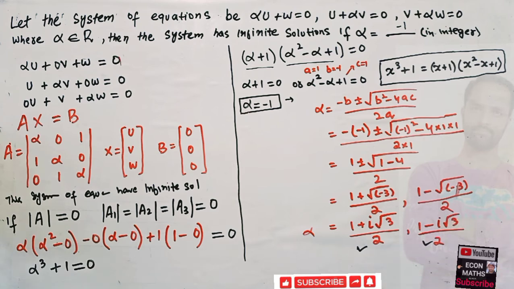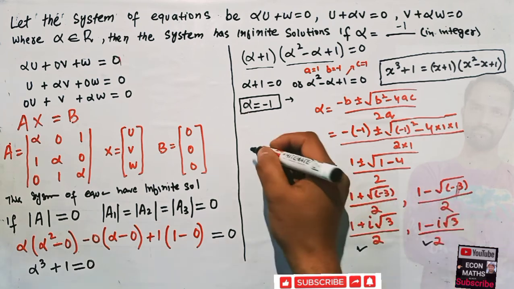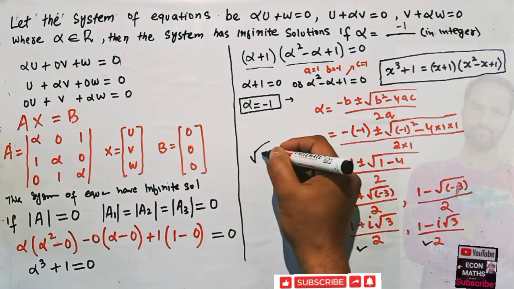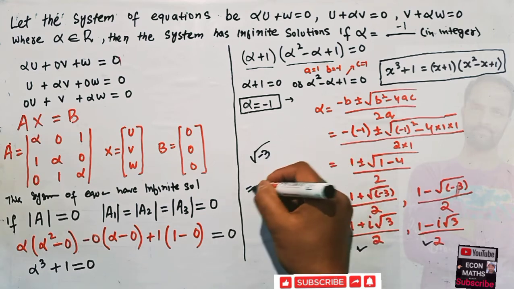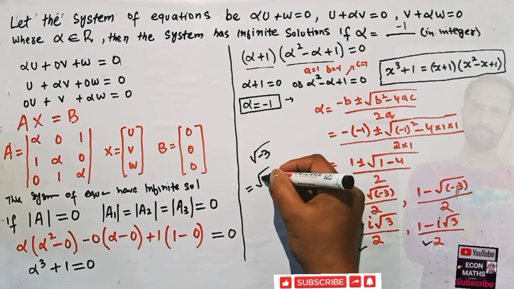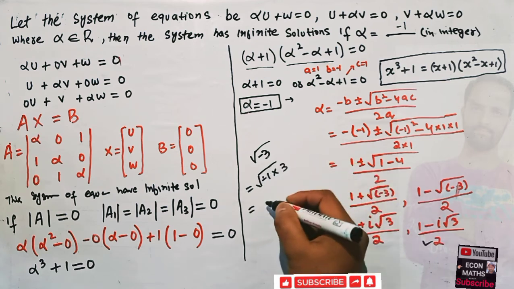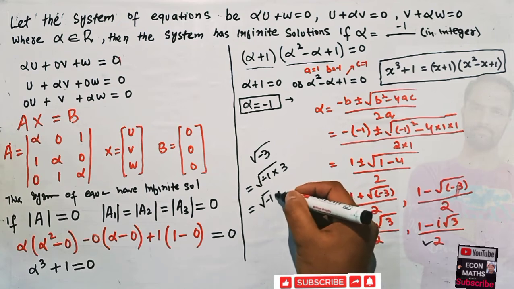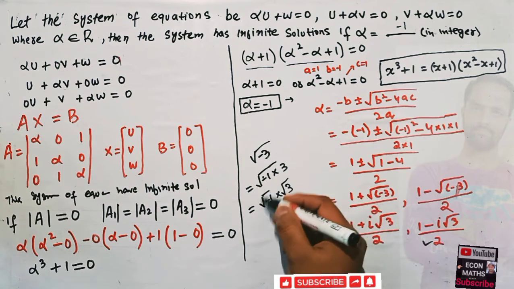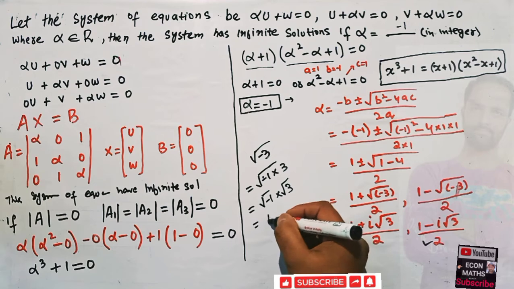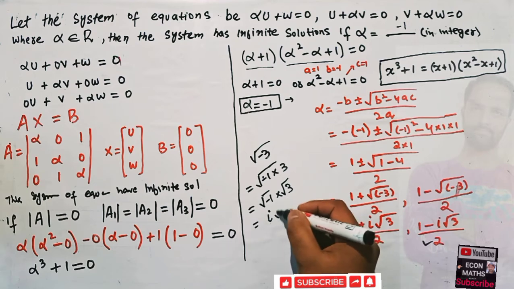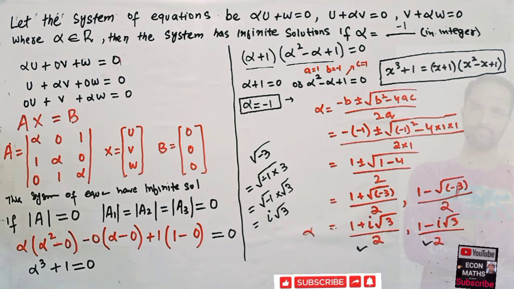So how do we write this minus iota? We know that minus under root 3 can be written as under root of minus 1 into 3, so under root minus 1 into under root 3, and under root minus 1 is always equal to iota under root 3. So we got the value of alpha is equal to minus 1.